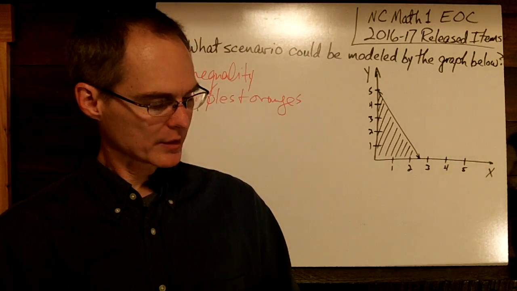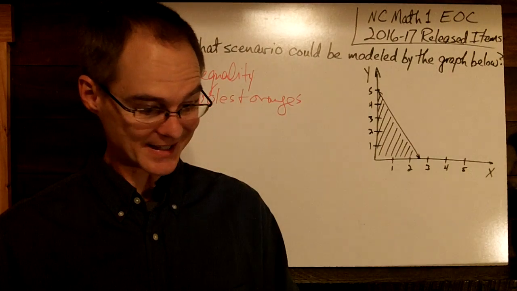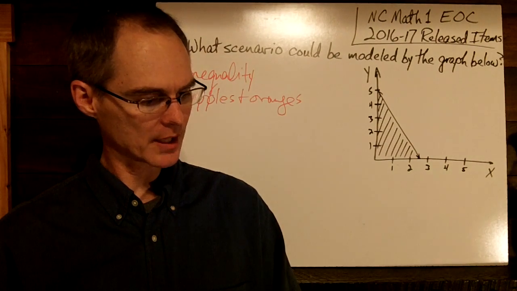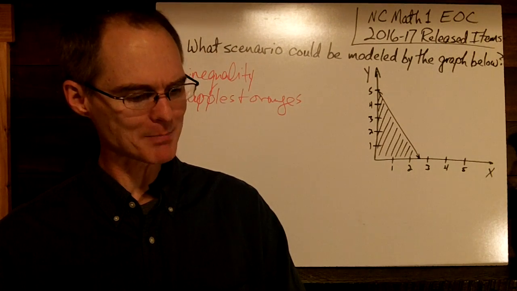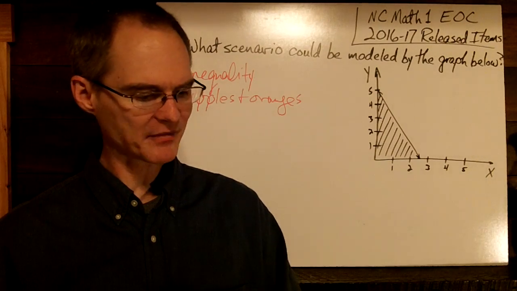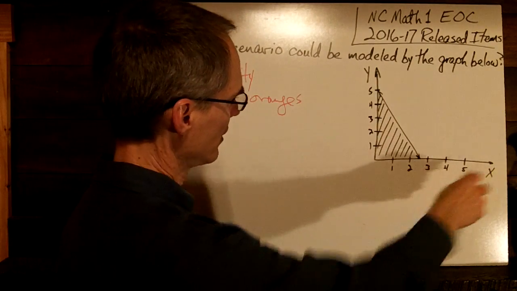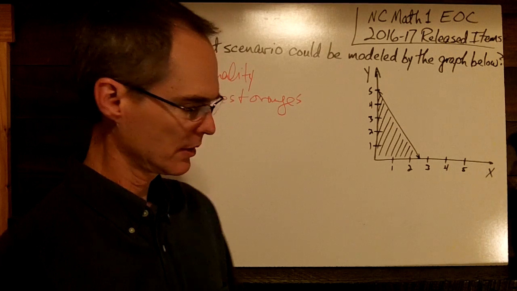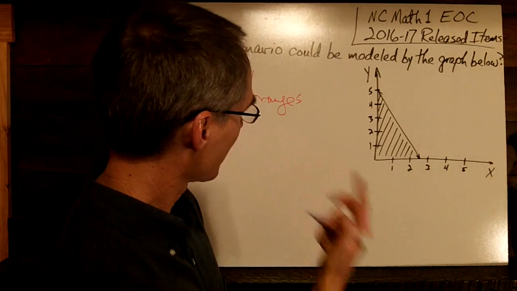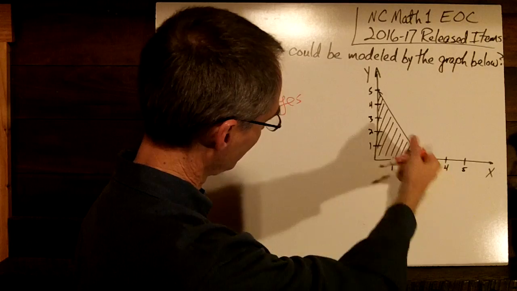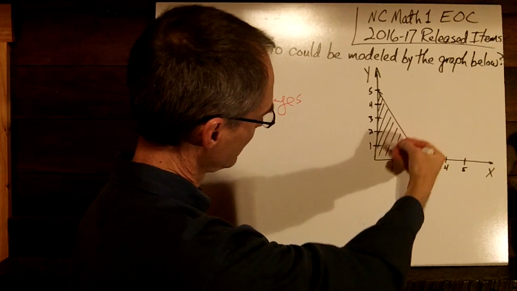So let's go ahead and read the problem. It's just one sentence, and the sentence is just the question I'm supposed to answer: What scenario could be modeled by the graph below? Then it has a picture of this graph. It's a graph of an inequality, and there's my shaded part.